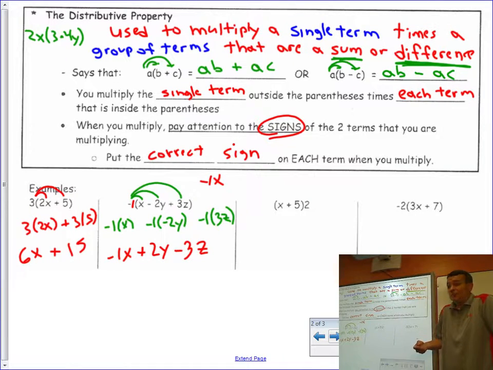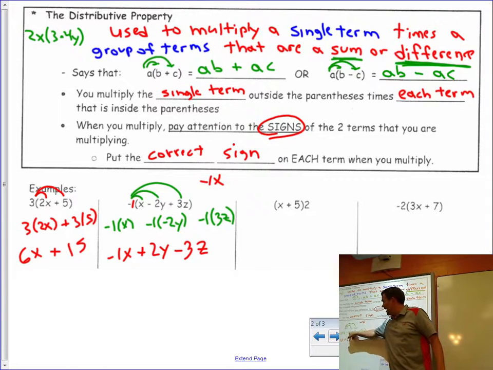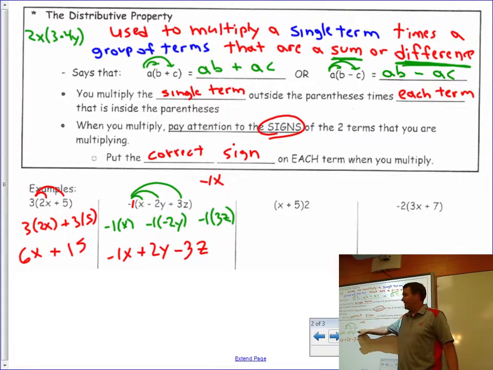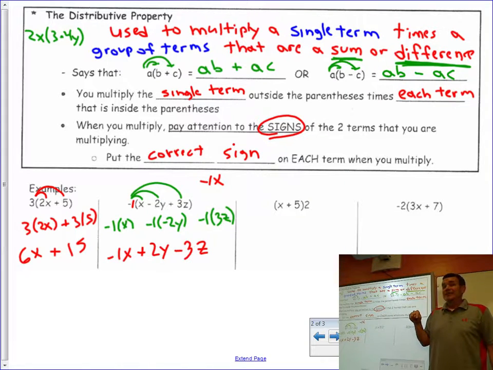Multiplying has a different rule. When you're multiplying, if the two numbers have the same sign, like negative 1 and negative 2, the answer is positive. If the two numbers have different signs, like the negative 1 and the 3, the answer is negative. Doesn't matter. The 3 is bigger than 1 and 3 is positive. When you're multiplying numbers with different signs, the answer is always negative.